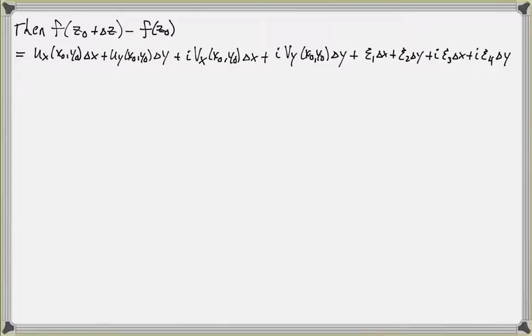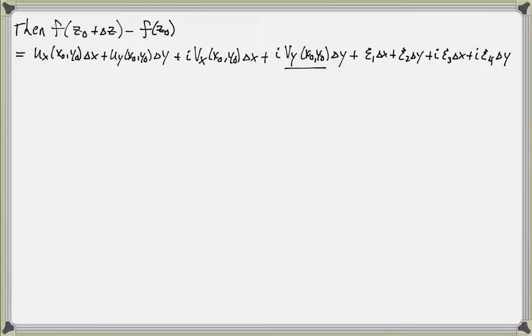Now we're going to use the fact that the first order partial derivatives satisfy the Cauchy-Riemann equations. I'm going to rewrite the derivative of u with respect to y as negative the derivative of v with respect to x, and I'm going to write the derivative of v with respect to y equal to the derivative of u with respect to x.